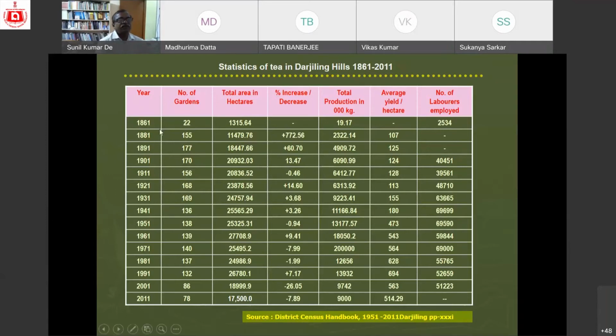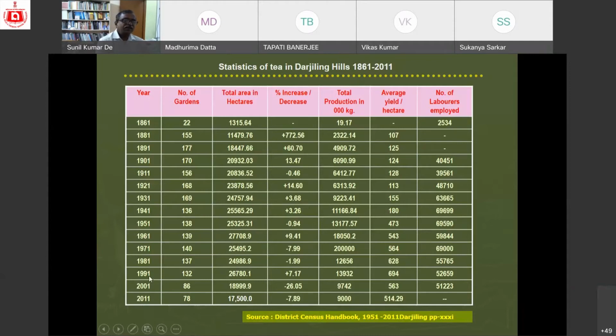And the number of tea gardens was the highest in 1891, 177, although the area of land was not so high. But the area of the land was highest in 1961, although the number has reduced because many of the tea gardens have been merged. In 1961, it is 27,000, almost 28,000 hectares of land.